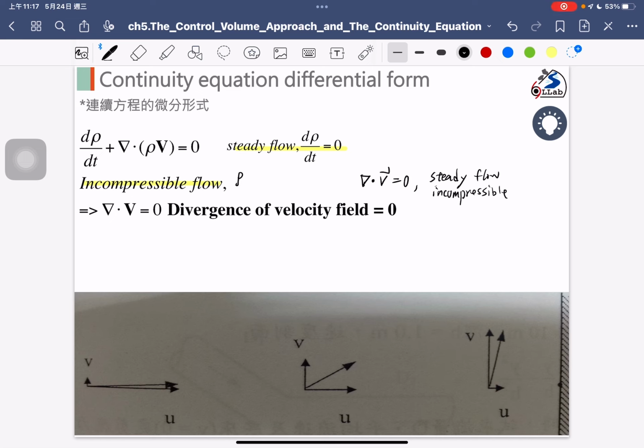So if you have the velocity field vector v and you take the dot product with the spatial gradient, and the final answer is 0, that indicates the flow is steady and incompressible.